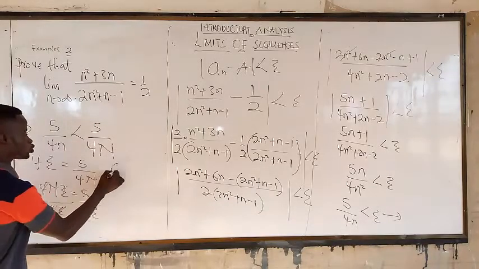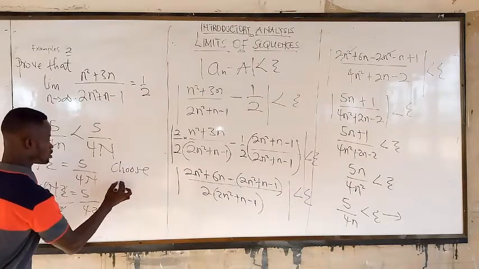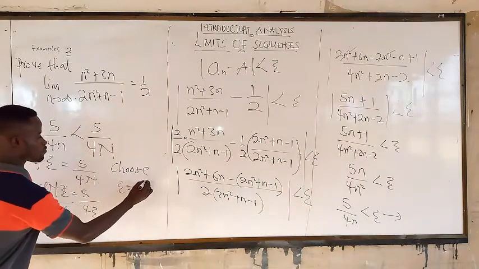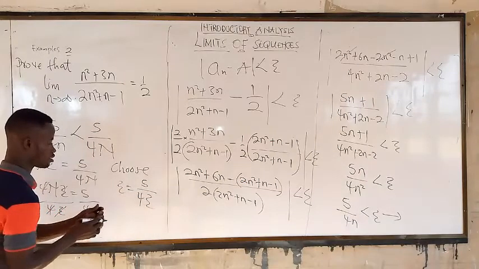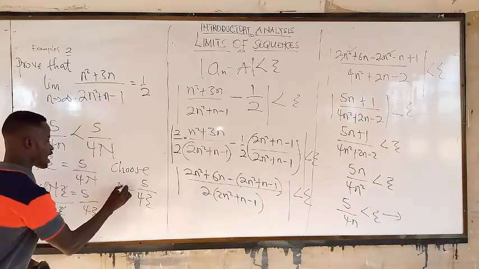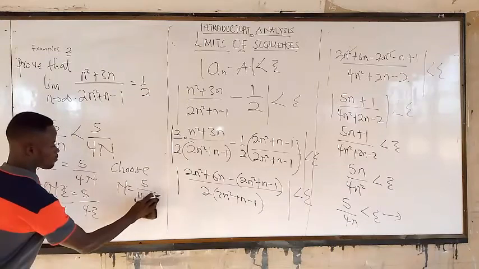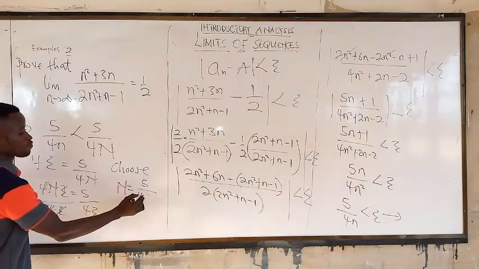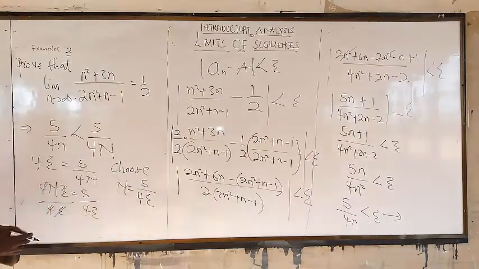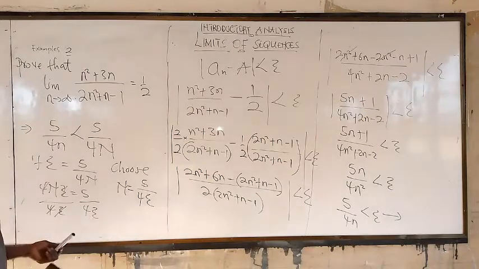I will just say that choose capital N to be equal to 5 over 4 epsilon. That is all, and that's exactly what we are getting here. But don't worry, use what you think will be familiar to you.